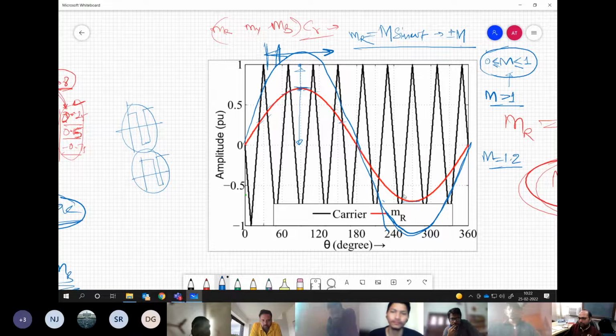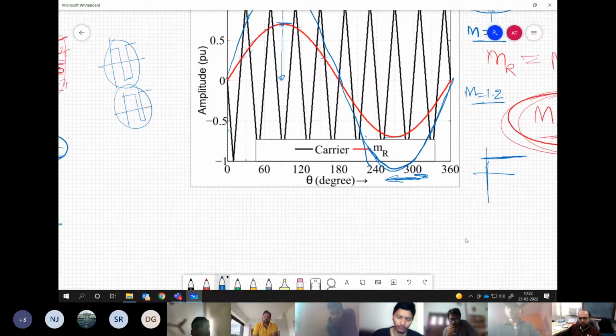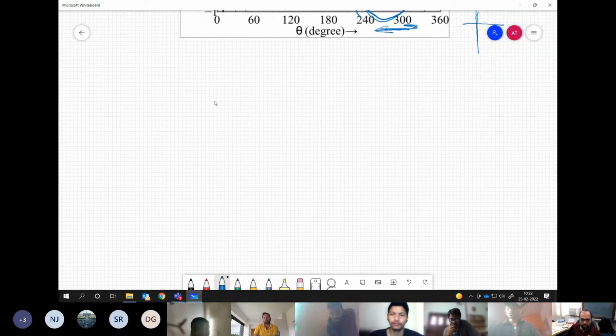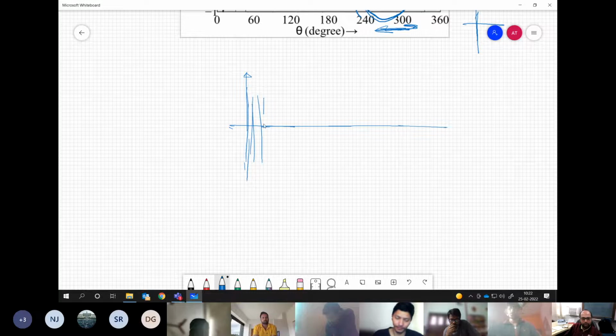What is the impact of that? You will have plus VDC by 2 continuously for this entire duration. And similarly minus VDC by 2 for this entire duration effectively. So your PWM, which was looking something like, if I draw here, when you have this plus VDC by 2 and minus VDC by 2, there are switchings everywhere.